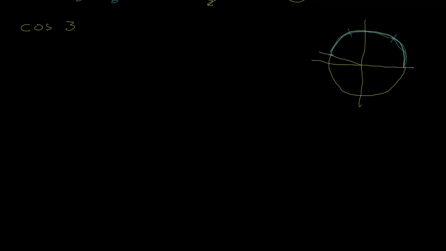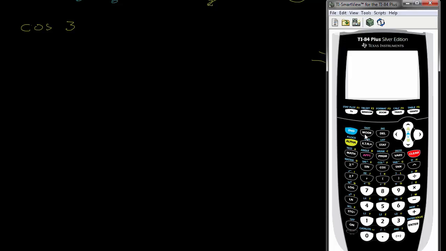Now, I don't know what these coordinates are. And so it's not a unit circle common angle, but it is on the unit circle. We're still calling this 1. So when I do this, I want to be sure my mode, press your mode key and make sure you're in radians. And then you can quit out of that and just say, well, what's cosine of 3? It should be negative.